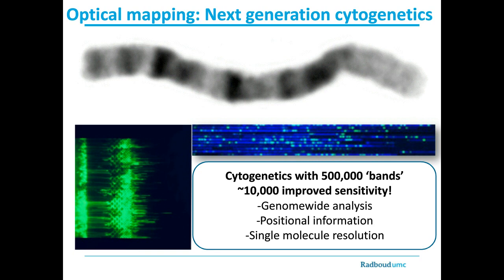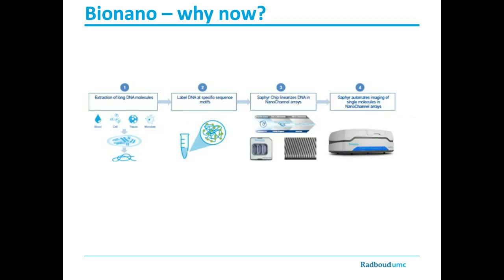I'm quite often asked why we decided to start testing Bionano right now. Although they have been in the market for several years, I think they made some important advancements, especially in the last year or so. One of which is a novel DNA isolation method. Previously, and still for unusual samples, sometimes an agarose plug method is used.